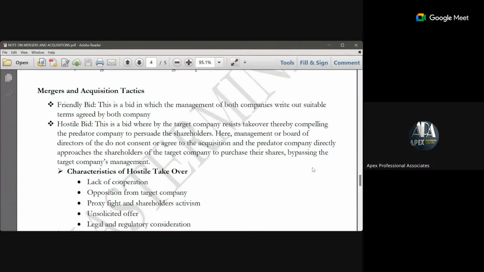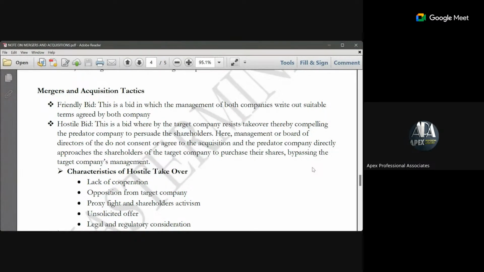So the friendly bid now: the predator company and the target company reach an agreement. It is friendly. Everybody knows what they want. They already agreed on what they want. That is a friendly bid.